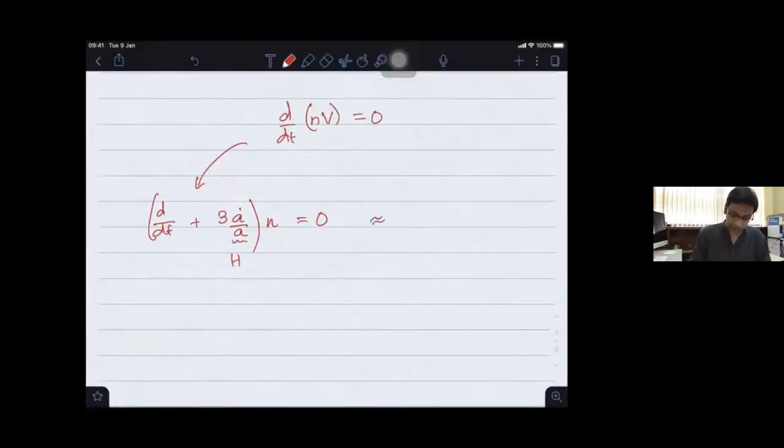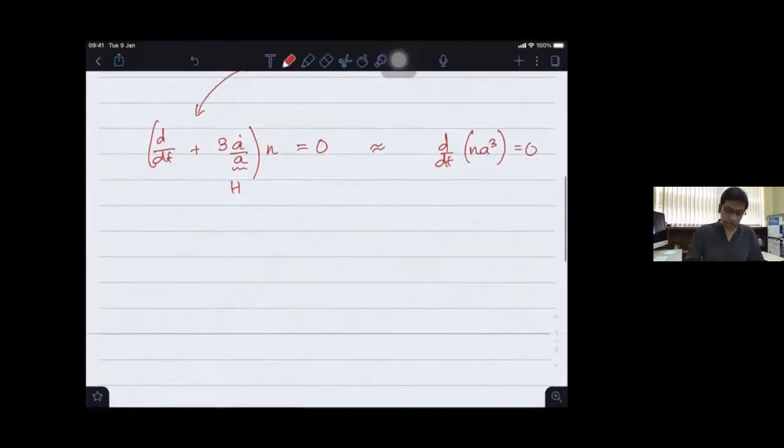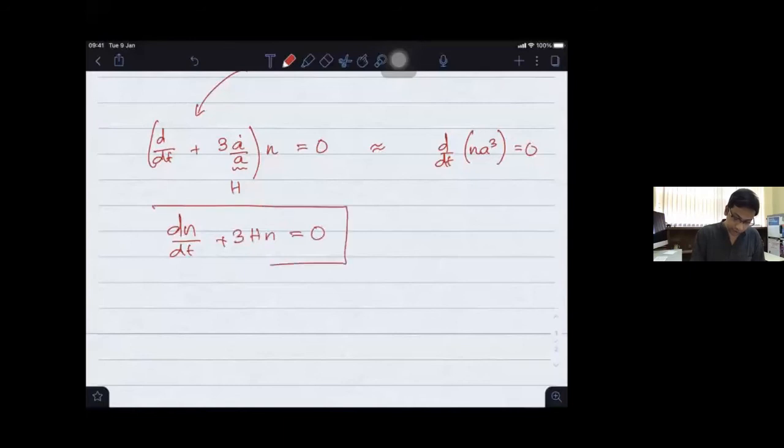This is also the same thing as saying that d by dt of n a cubed is equal to 0, if I'm not totally mistaken. The a cubed is the comoving volume, so you compare this a cubed with the V. So this is the equation: dn/dt plus 3Hn equals 0. This is the equation for a non-interacting particle.